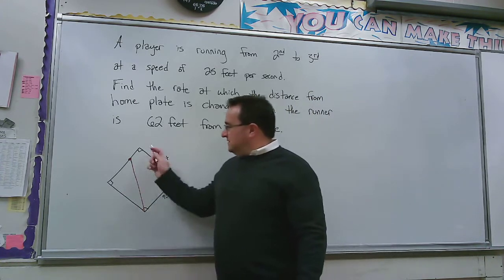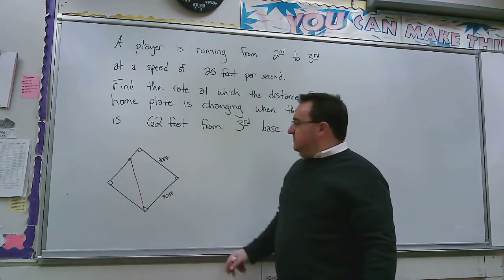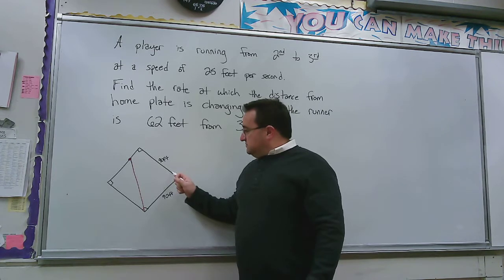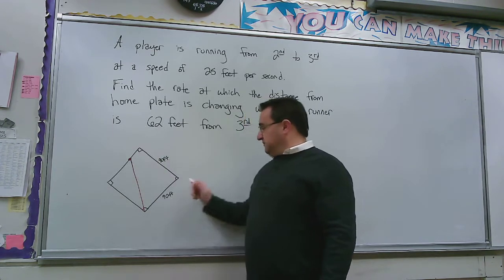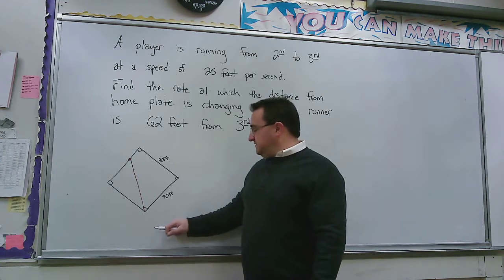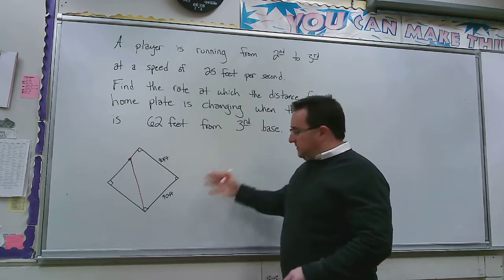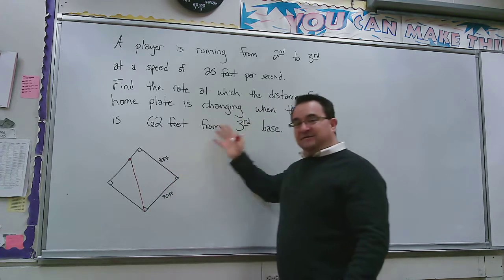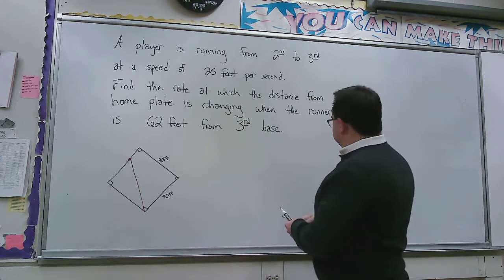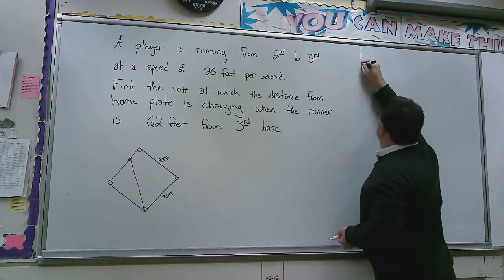So I would expect a negative number here for this rate of change. However, if I was going from first to second, I would be getting further away from home plate. So I would expect my rate of change to be positive because the distance from home plate is increasing.